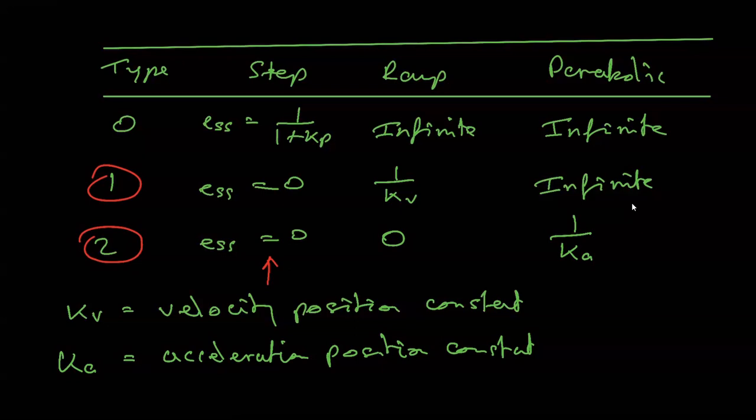And as we've seen here, if we had two integrators, we can even get rid of a ramp, which is quite amazing if you think about it. So that's the bit on accuracy. There's a bunch of problems in the textbook which you can go through.